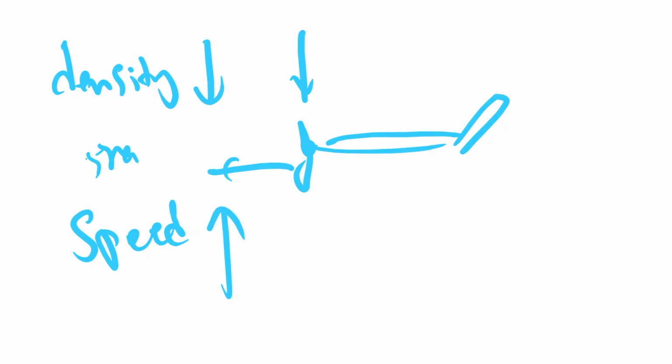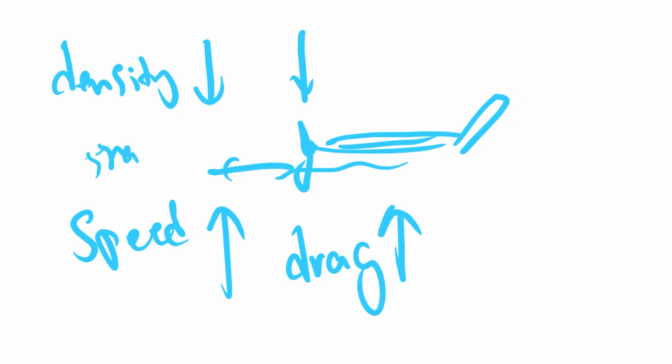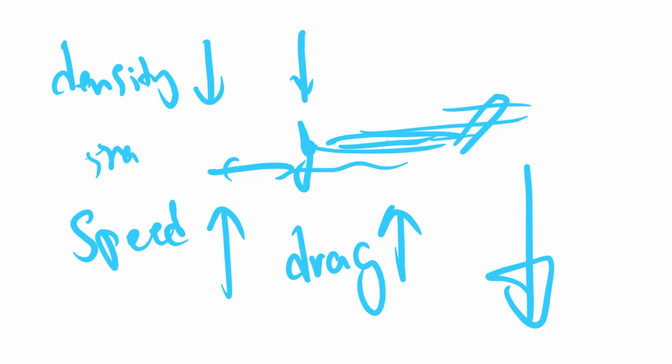Speed high means drag is going to be high, because now more air is going to collide and rub against the surface, creating more drag, which means that the performance will decrease, right? So we have to think about all these things when we consider flying our aircraft, right?